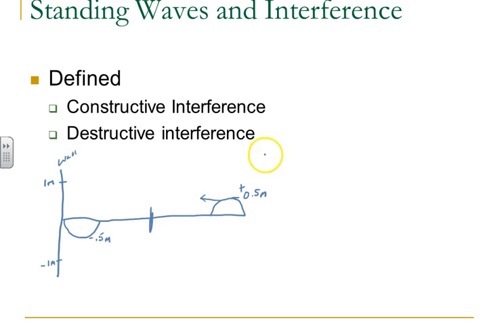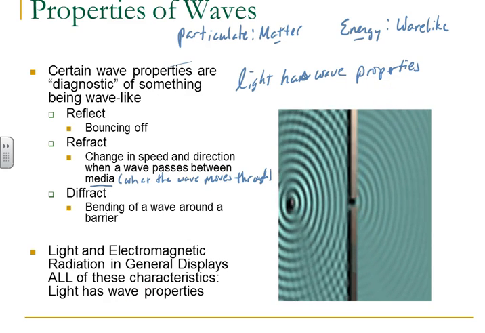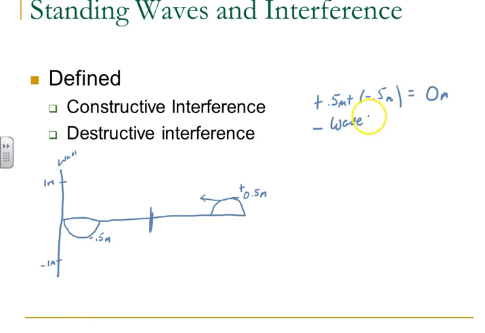So when they add algebraically, that means we've got a positive 0.5 plus a negative 0.5 meter. And the end result is that at the point where they meet, they're going to cancel each other out. Waves cancel. This is destructive interference.